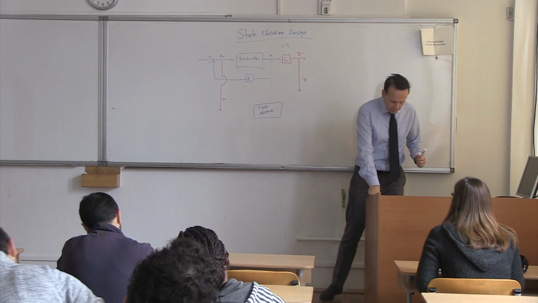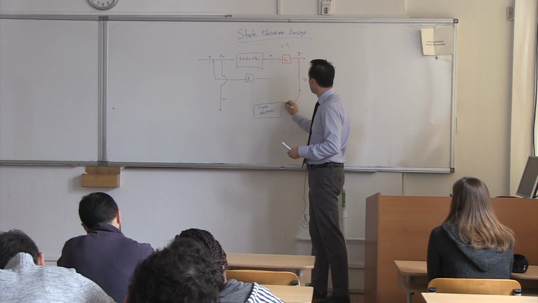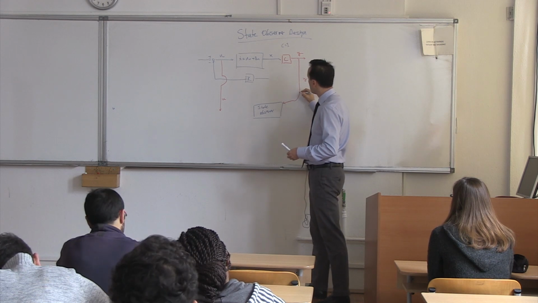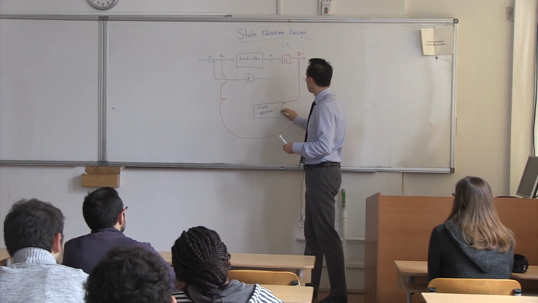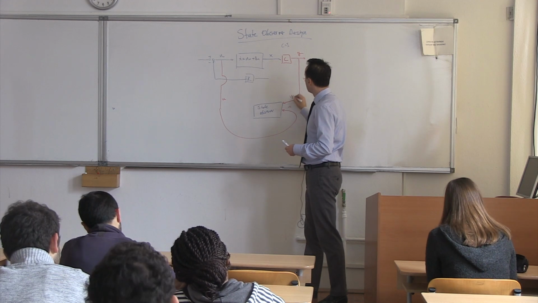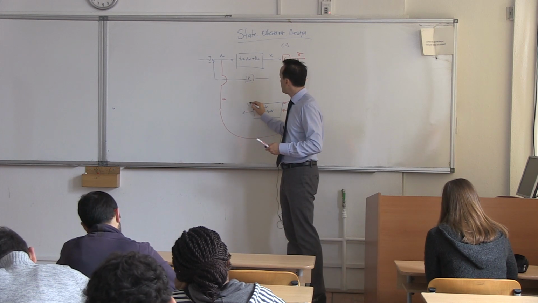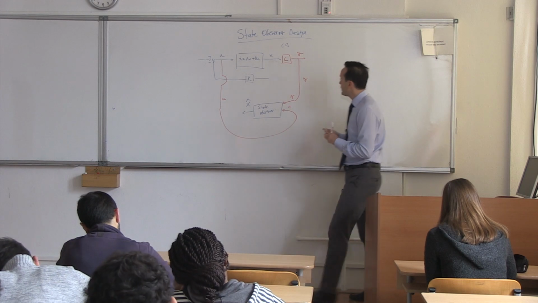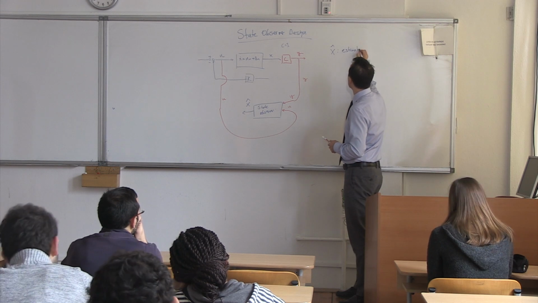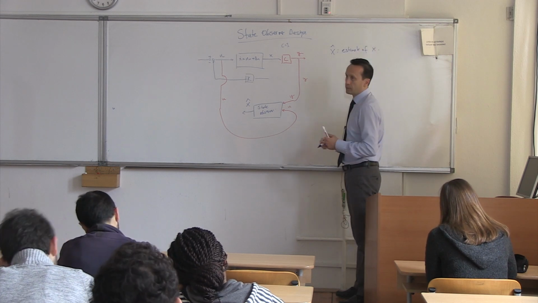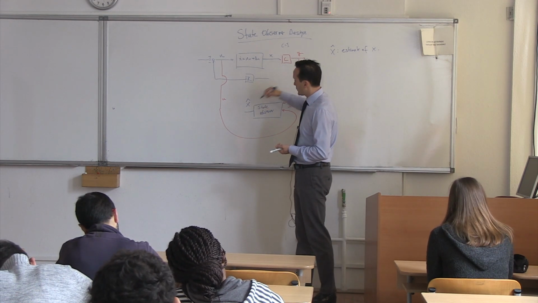The input to this box shall be Y, and U should be another input. So U and Y. And the output of this should be an estimate of X. I put a little hat here because x hat is just an estimate of X, the state. What am I going to do with it? Well, imagine that I don't know anything about x, I just have some outputs y.